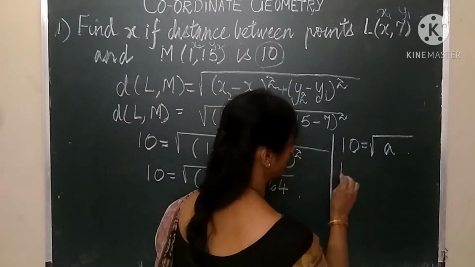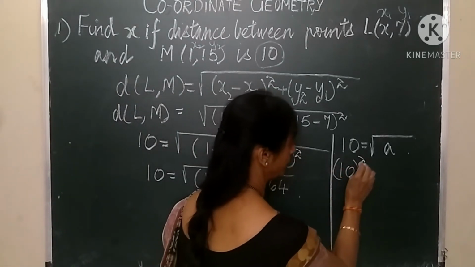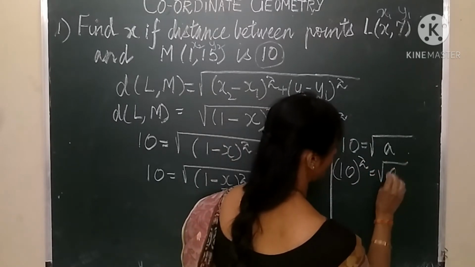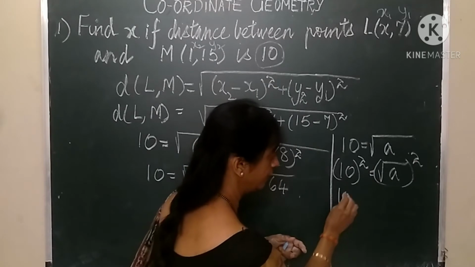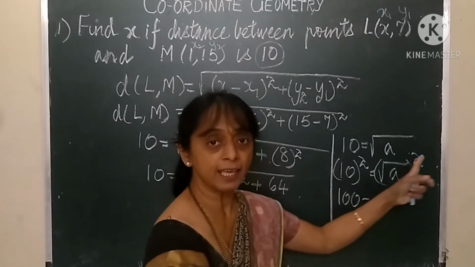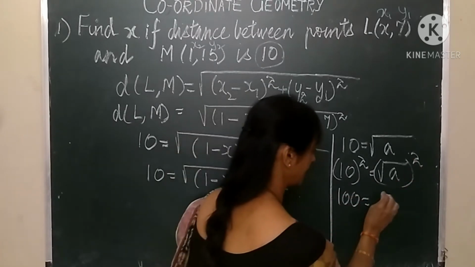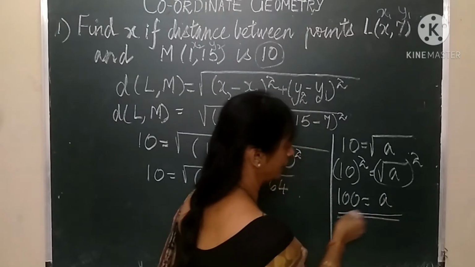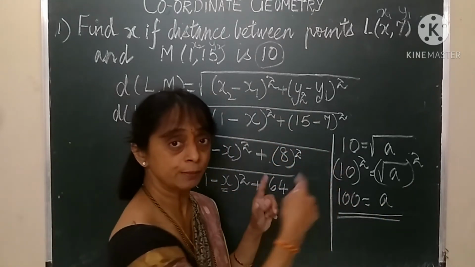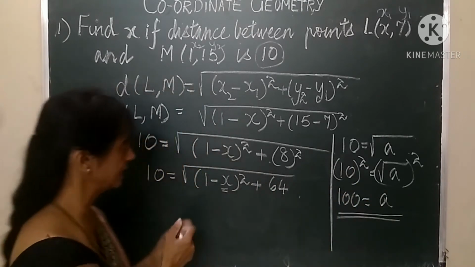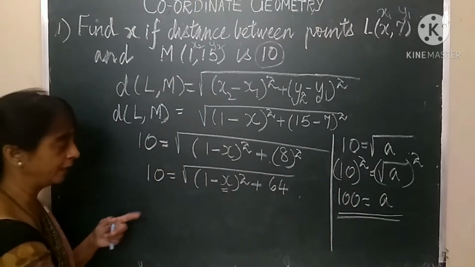Squaring both the sides, we get 10 squared is equal to root of a the whole square. 10 squared is 100. Root a into root a gives us a. So ultimately the value of a is 100. So what did we do in this case? We squared both the sides. So same will be applied over here.